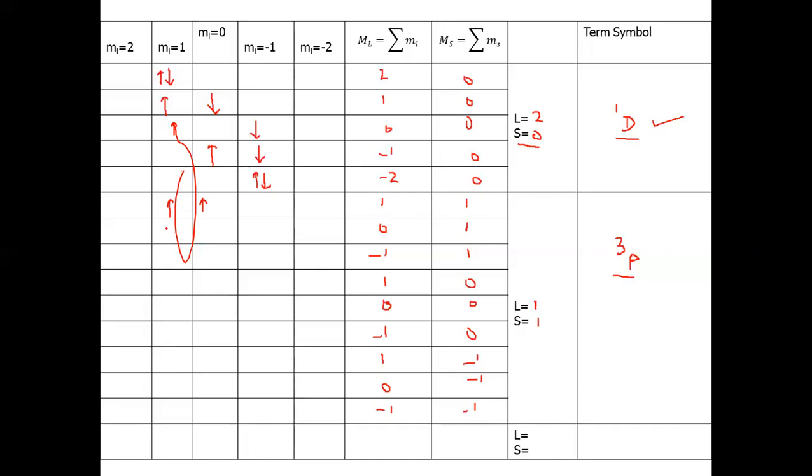So next, keep it here and move this electron to here. So it gives you 1 minus 1, 0, half plus half, 1. Next we need minus 1. Keep this electron here, move this one step right. So this gives you ML equal to minus 1 and MS equal to 1.